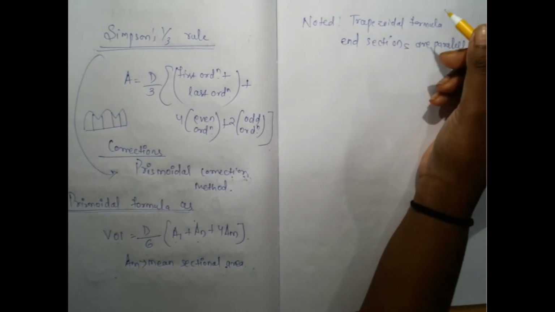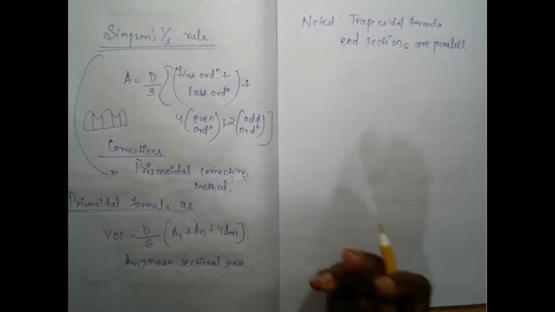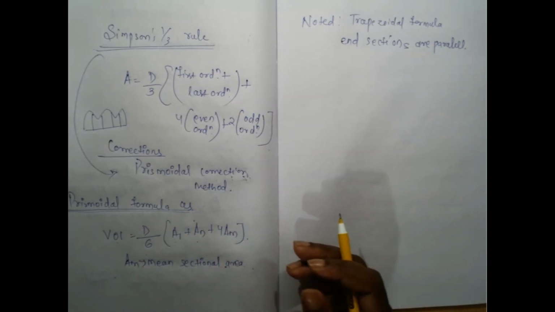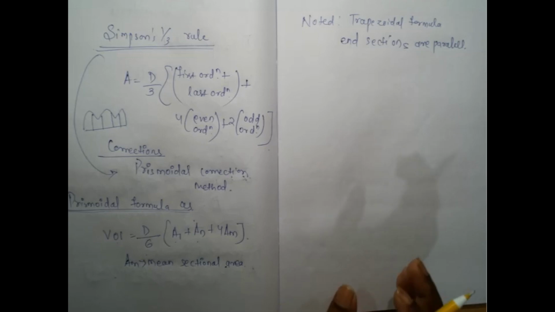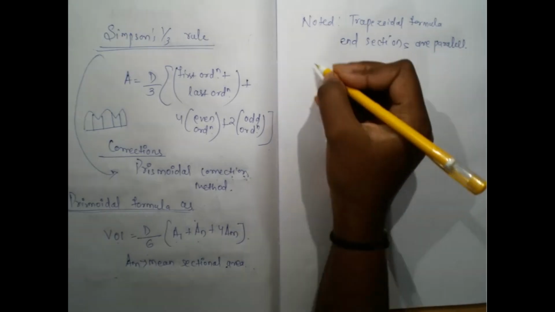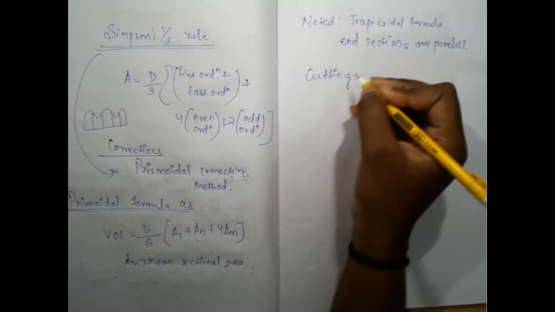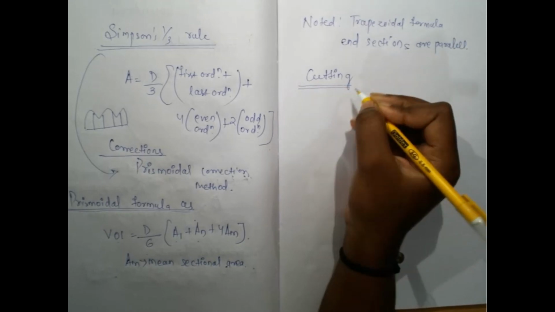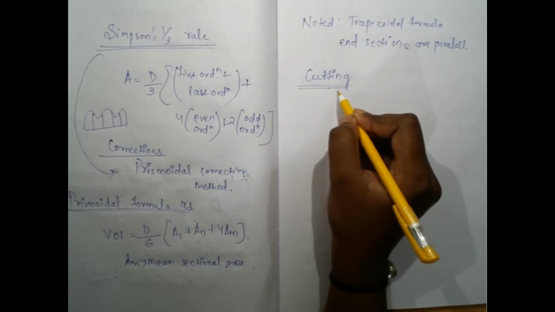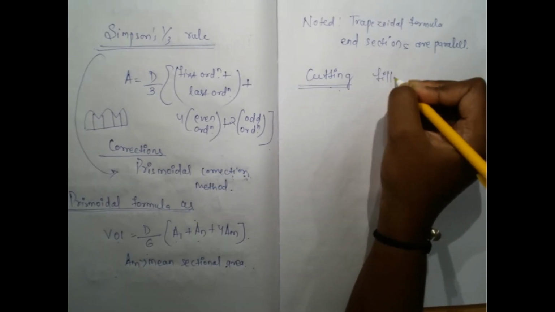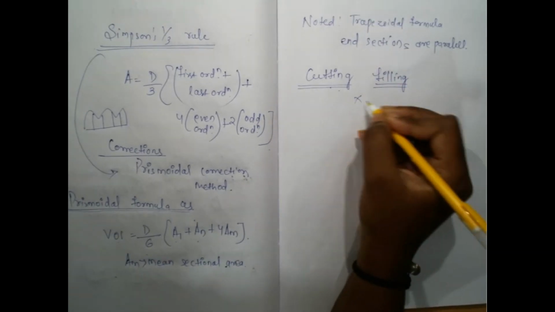So when we are applying all these formulas, like the trapezoidal formula, mid-sectional formula, mean sectional formula and this prismoidal formula, all the estimation formulas are applied for cutting. What we had discussed previously was in the cutting section. So all the estimation formulas that are applied for cutting sections are also applicable for filling sections.